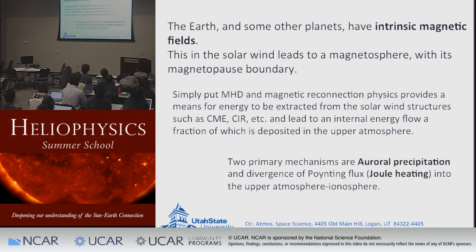The two primary mechanisms for getting it down to 100 and 120 kilometers are auroral precipitation, which is another form of ionization, and the divergence of Poynting flux. We heard a nice 5-minute pitch on Poynting flux earlier on.